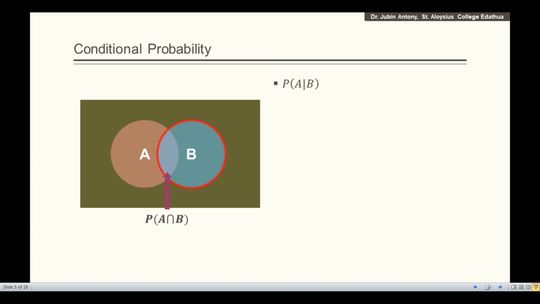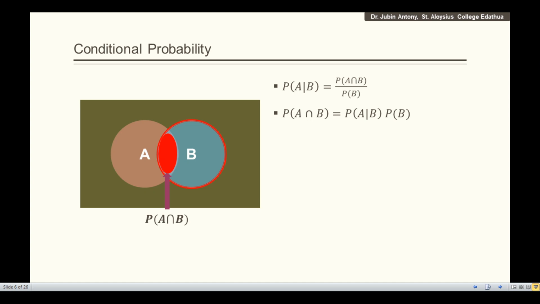Since B has already happened, assume that our sample space reduces to the entire circle B. Now, A is restricted to the area within B, that is, the area A intersection B. Therefore, the conditional probability of A given B is defined as probability of A intersection B divided by the probability of B. From this, we can write probability of A intersection B as probability of A given B into probability of B, which is nothing but the multiplication rule of probability for two events.